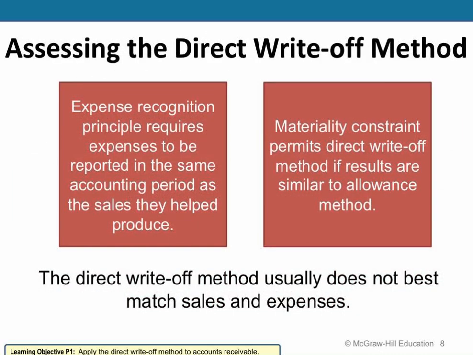The problem with this method for most types of GAAP accounting is that it doesn't do well with the matching. The expense recognition principle is going to require us to report the expense at the same time as our sale, if we reasonably know. And here we're going to, because we may not know who's going to call and say, I can't make that payment.